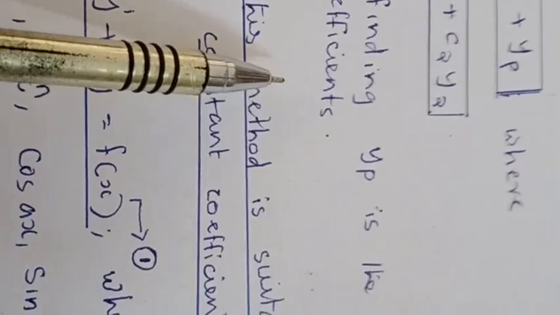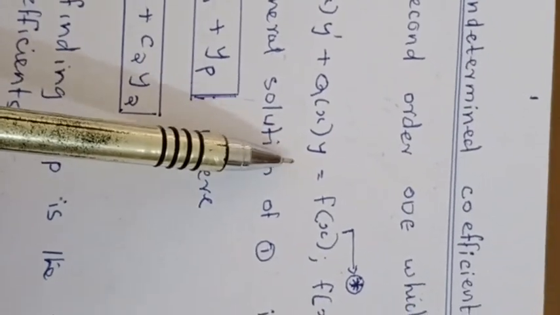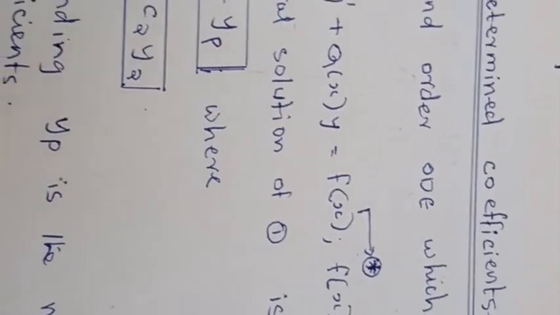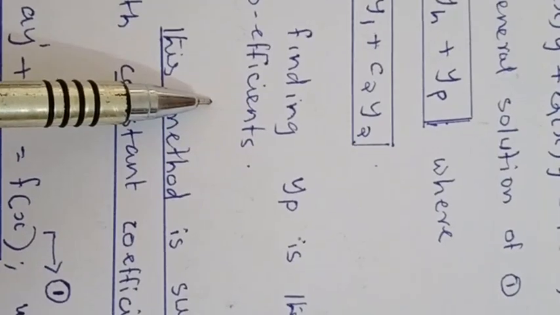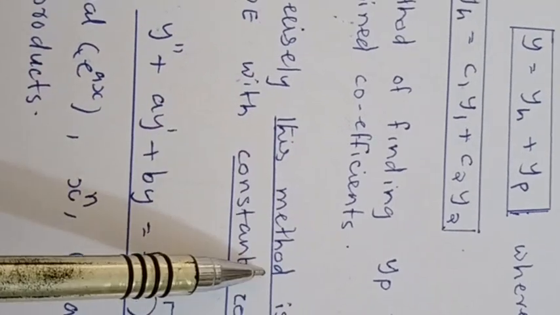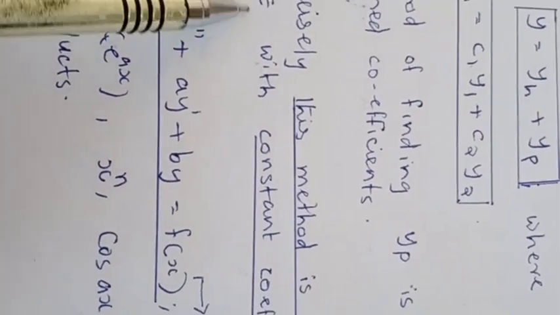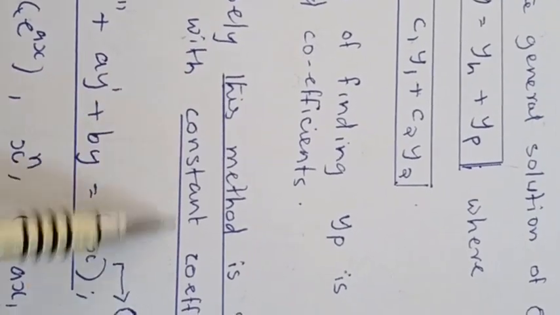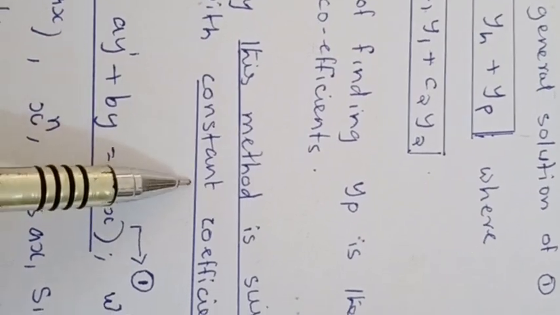But not all non-homogeneous differential equations can be solved by the method of undetermined coefficients. There is a restriction for the coefficients. More precisely, this method is suitable for solving linear ODEs with constant coefficients. See the underlined words, constant coefficients.